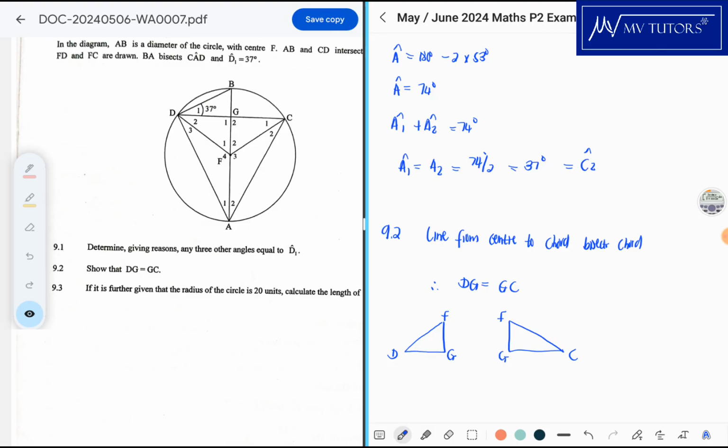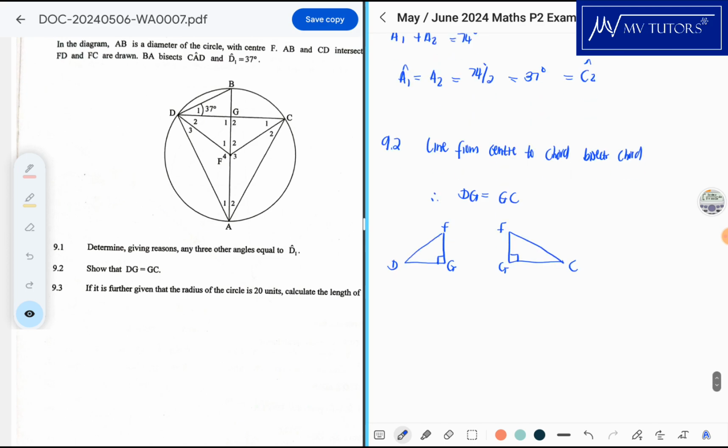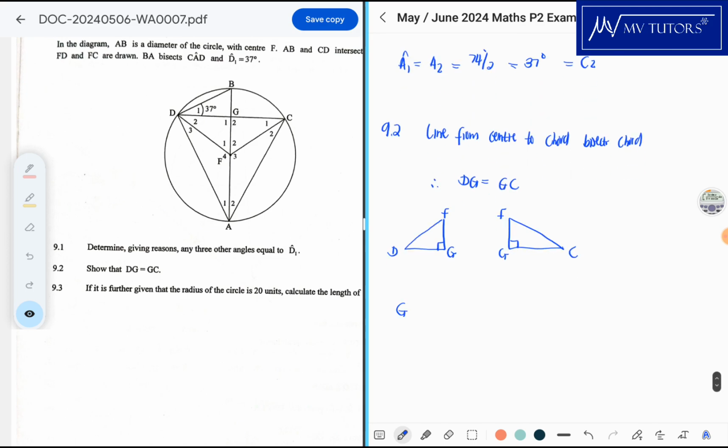No, I don't. So let me not claim things. I know that G1 is equal to G2, which is equal to 90 degrees, because a line from center to chord bisects the chord, and it also is perpendicular to the chord.